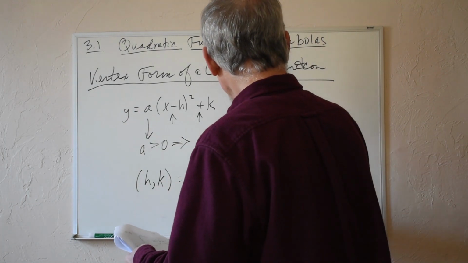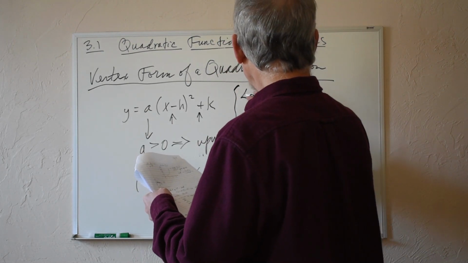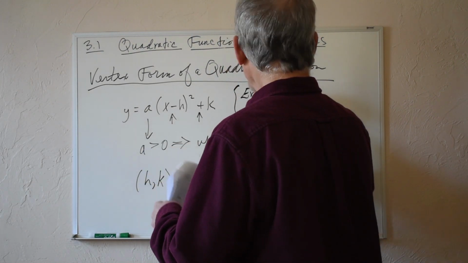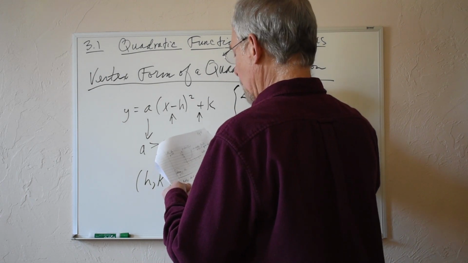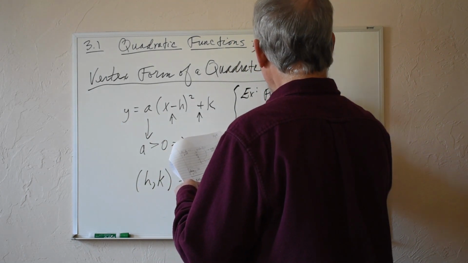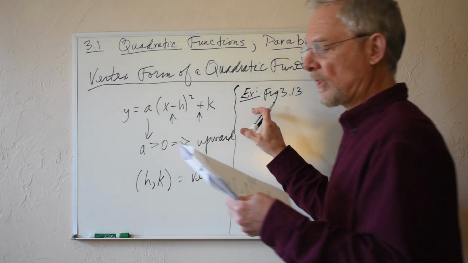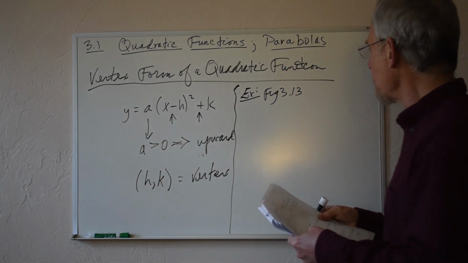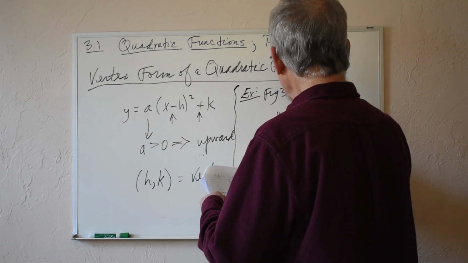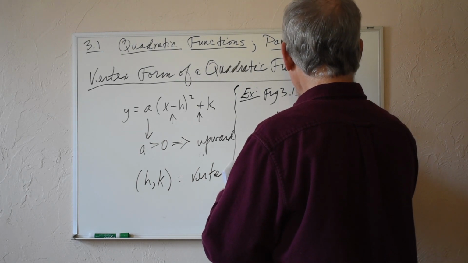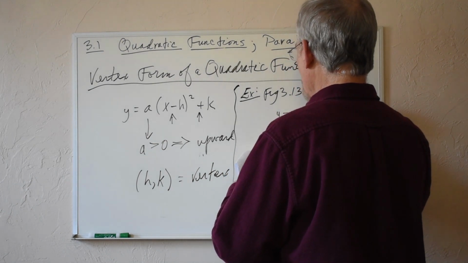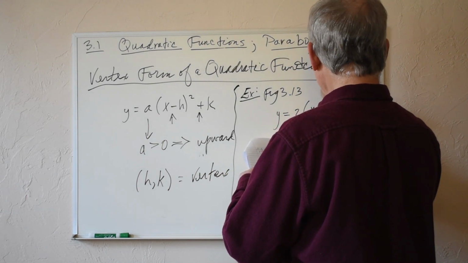Let's squeeze in right here this example. It's figure 3.13 on page 174 in your textbook. Here is a quadratic function written in vertex form.